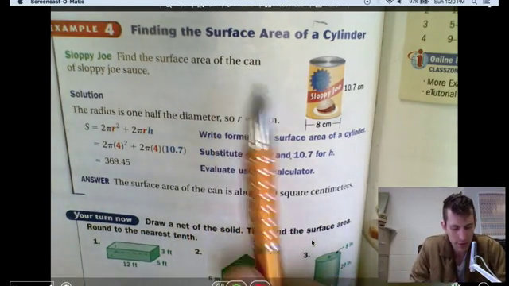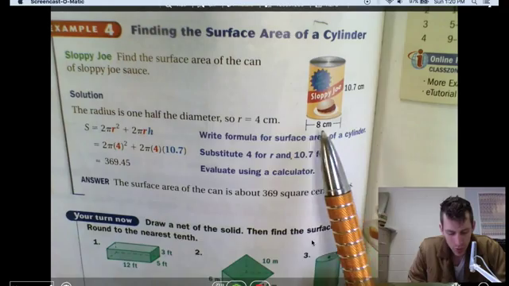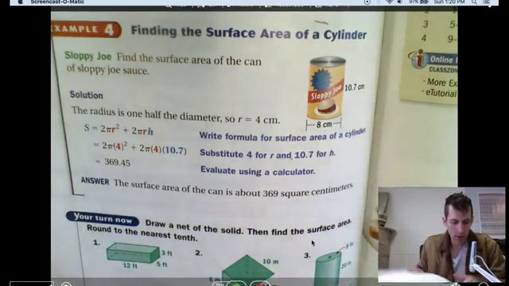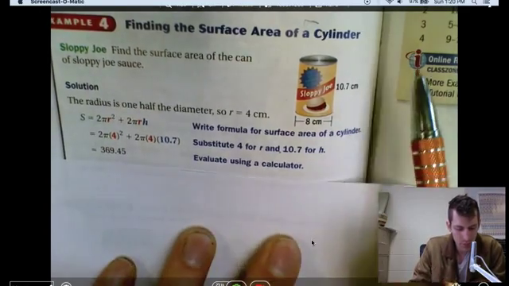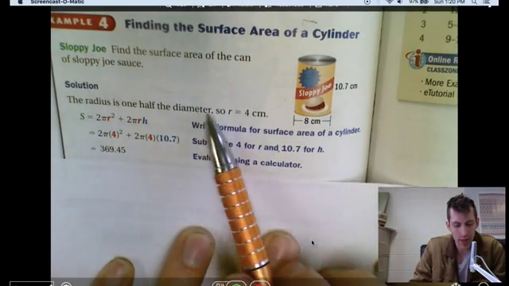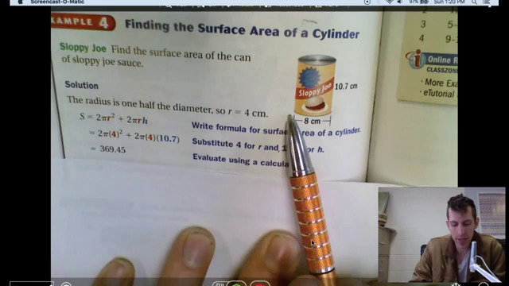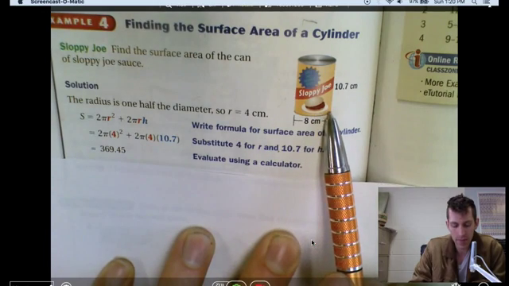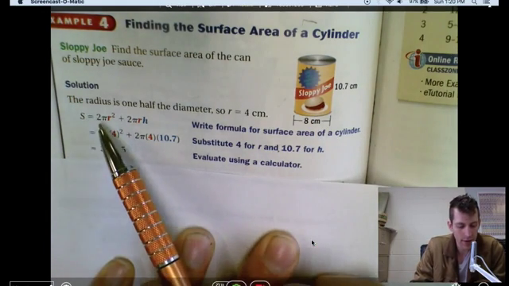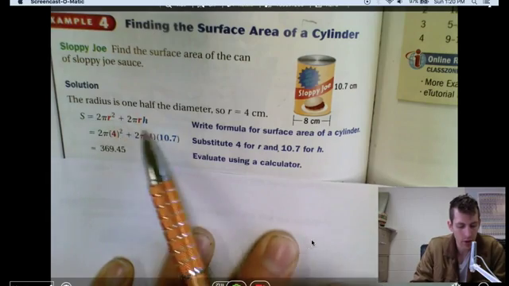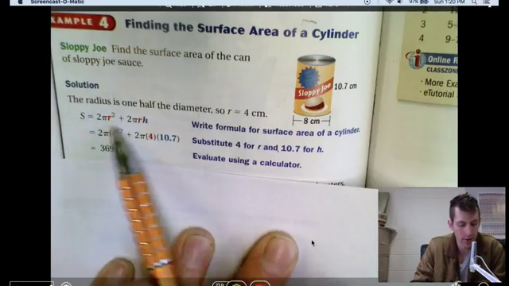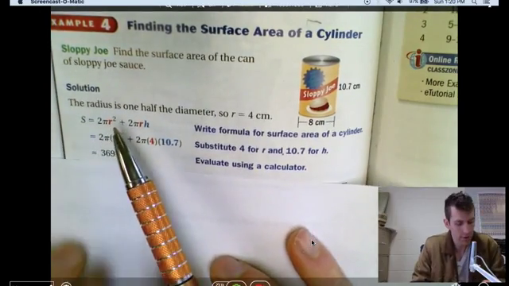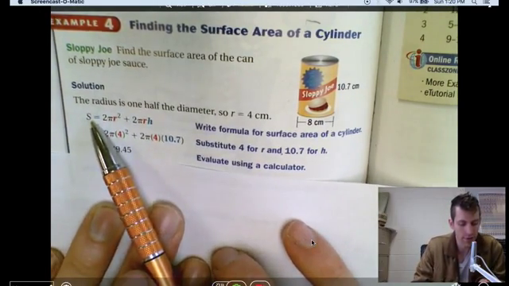Sloppy Joe, find the surface area of this can. Well, let's do this out here. The radius is 1/2 the diameter. So the diameter here is 8, so the radius is 4. Oh, it looks like they're using that second example of the formula for the surface area of a cylinder.